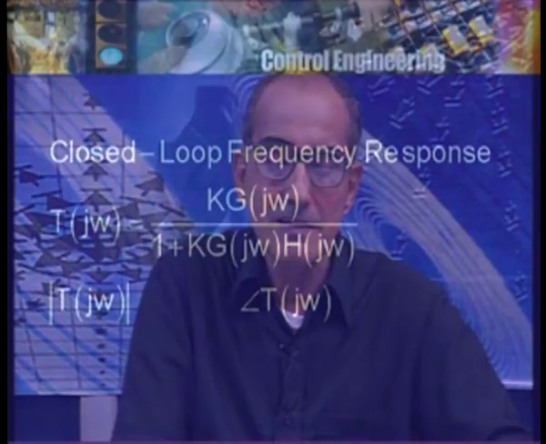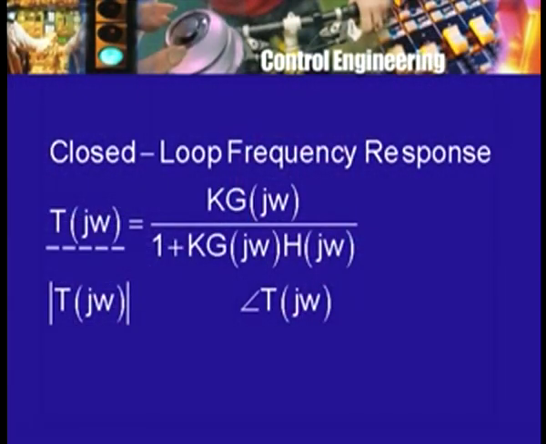Therefore, we have to look at T(j omega). This is equal to KG(j omega) divided by 1 plus KG(j omega)H(j omega). Now, if I already know G(s) and H(s), then it is just a question of evaluating this at different values of frequency omega or angular velocity omega. So, from the computational point of view, there is not anything very difficult.